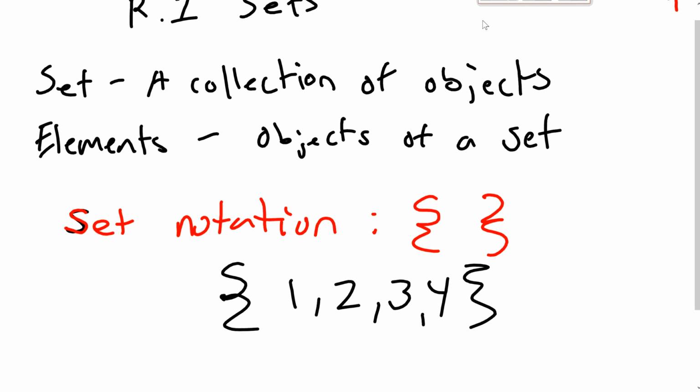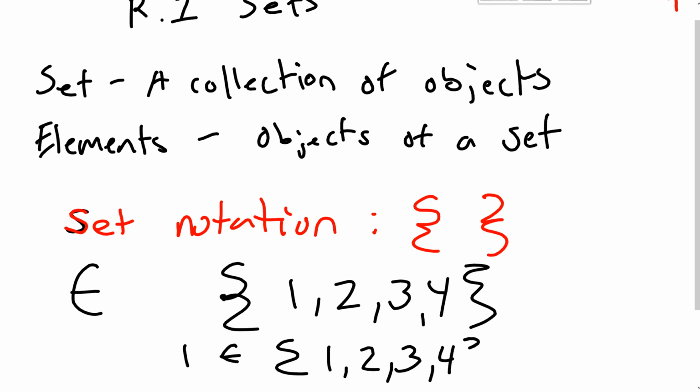If I have this set here, {1, 2, 3, 4}, an element, say 1, is an element of, meaning a member of. That's a little E with a line through it, which means a member of. So 1 is a member of this set {1, 2, 3, 4}.